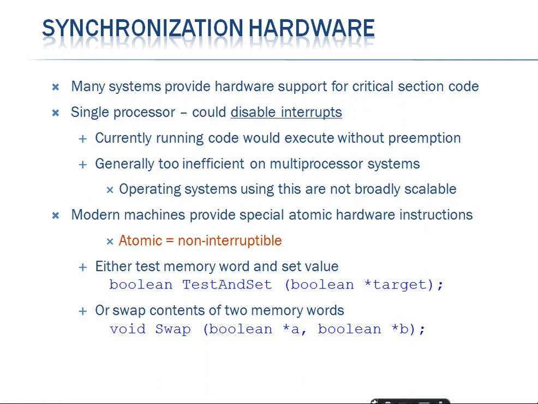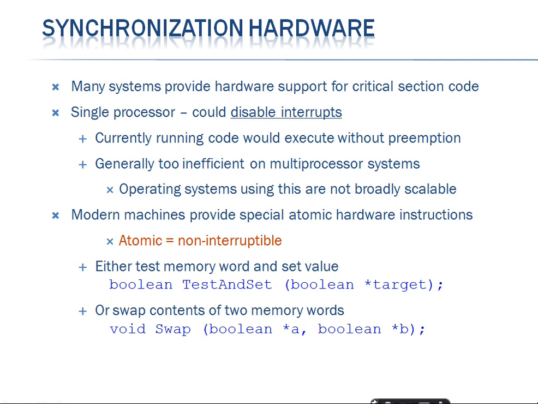Currently running code would execute without preemption. Generally this is too inefficient on multiprocessor systems. This mechanism is inefficient over multiprocessor systems, so operating systems using it are not broadly scalable.